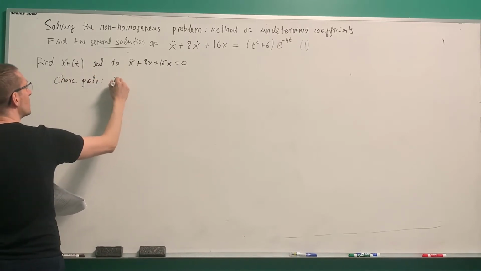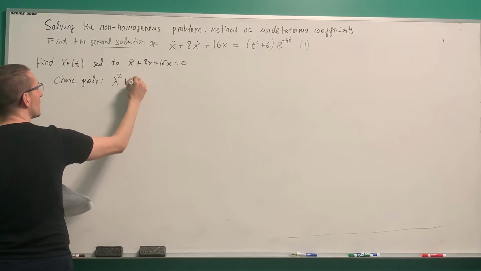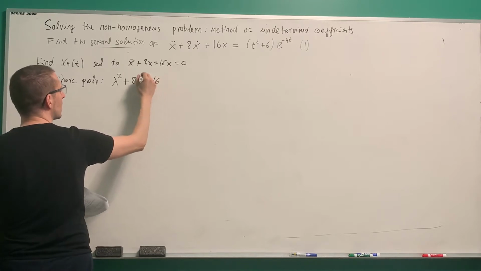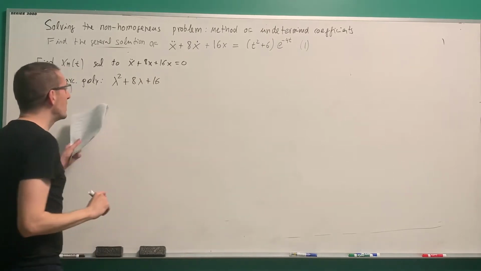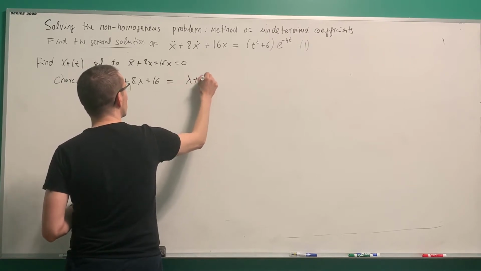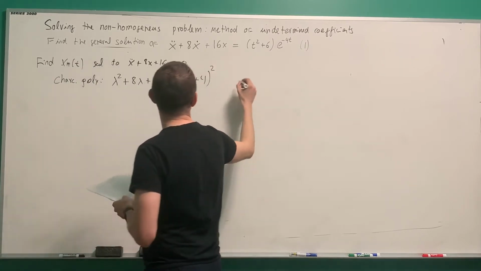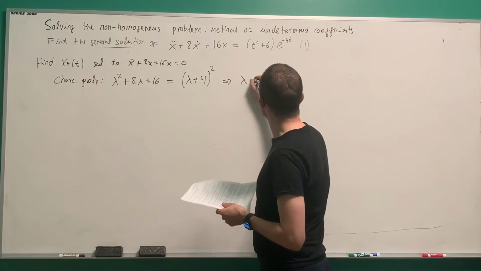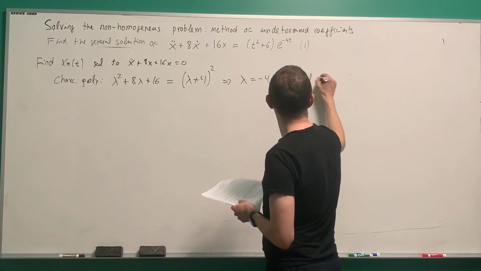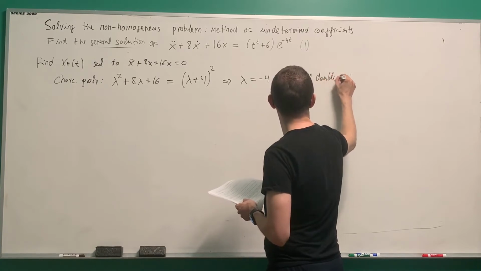And in this case, the characteristic polynomial is lambda squared plus 8 lambda plus 16, right? And this is a very easy characteristic polynomial to factor. This thing is (lambda plus 4) squared. All right, so we have that lambda equals minus 4 is a real double root.